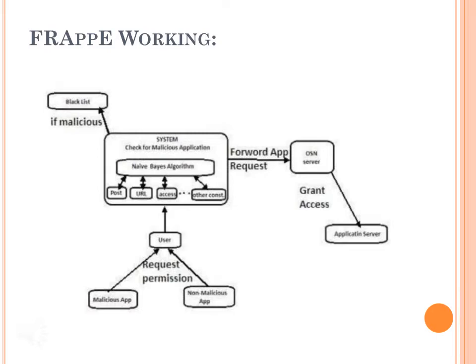Conditions such as whether the app has a suspicious redirecting URL, app post content, app close function, and so on. Otherwise, it will forward that app request to the server. Then the server sends an authorization to the user to access that app.